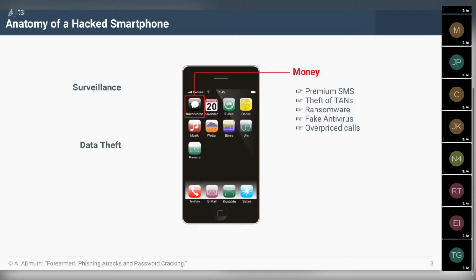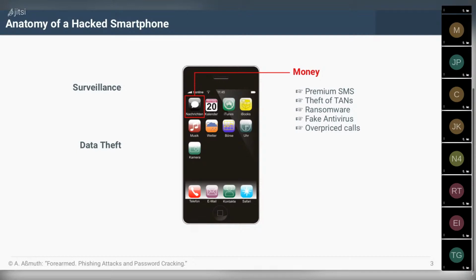But there are certain services that you have to pay big money for, like premium SMS services or whatever. And attackers might exploit these and get some money directly out of the customer or the owner of the smartphone.